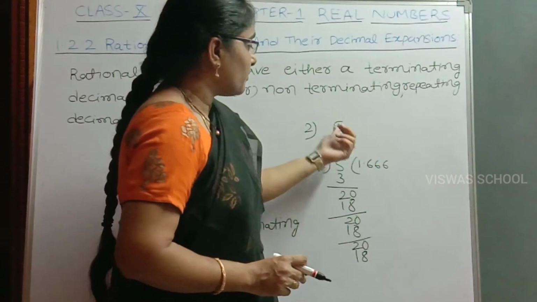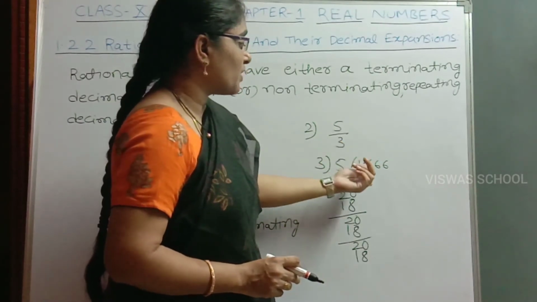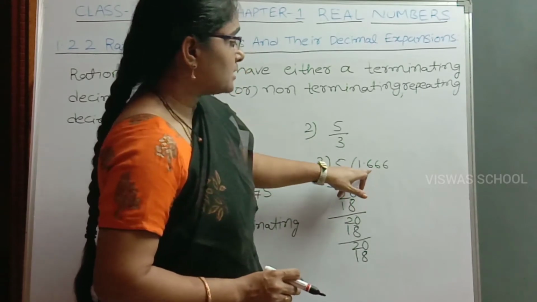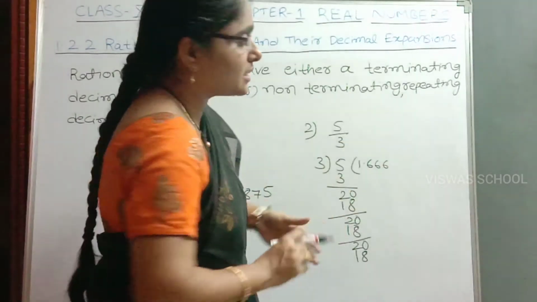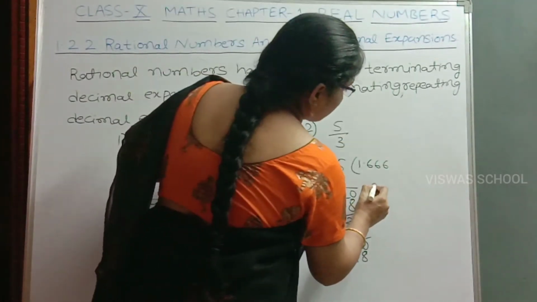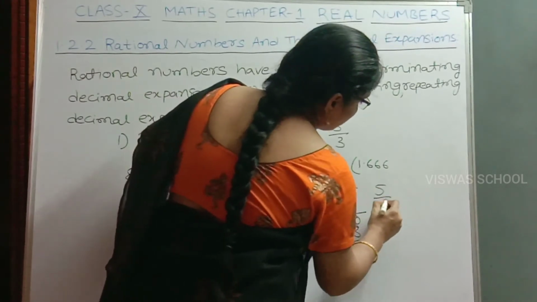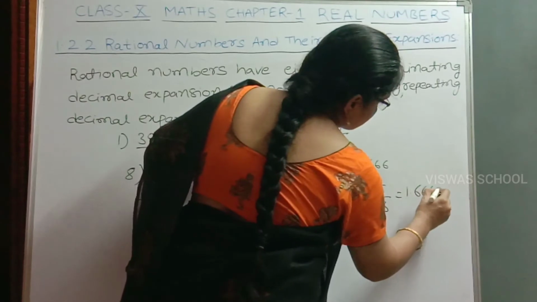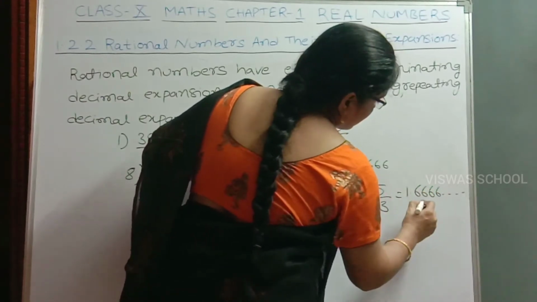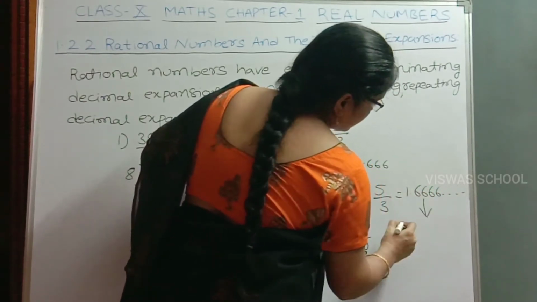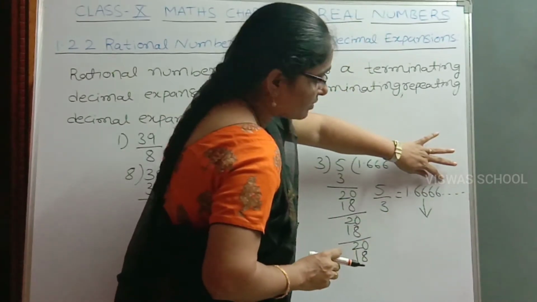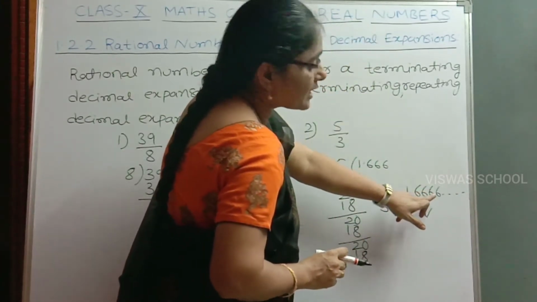That is, 5 by 3 equals 1.6666, and so on. Here 6 is repeating. That is, 5 by 3 equals 1.666, and so on. This is non-terminating, and 6 is repeating.